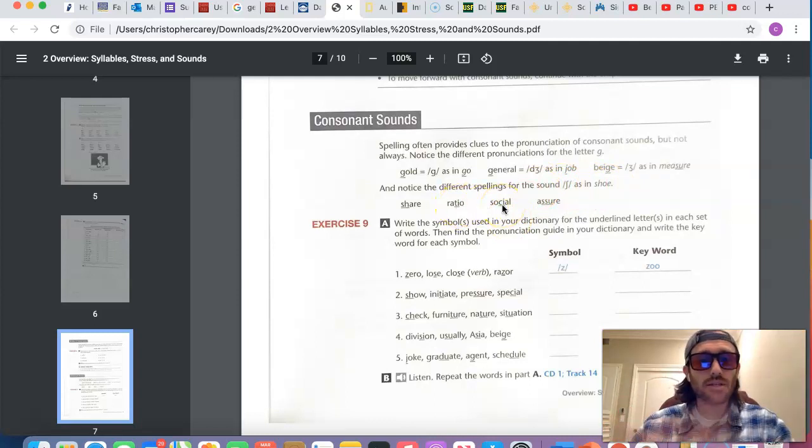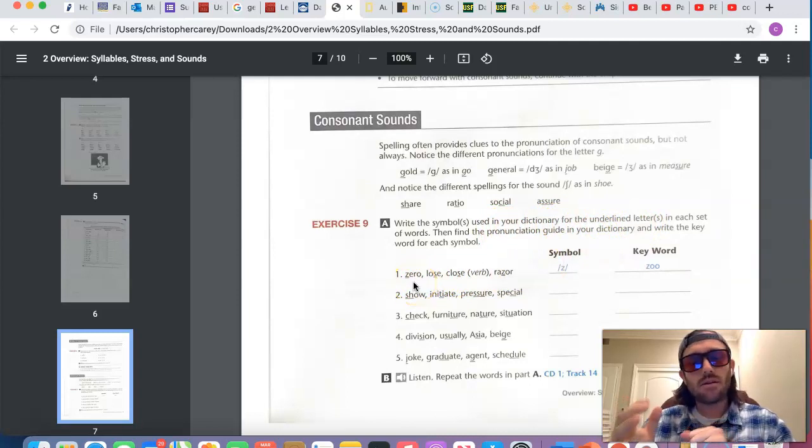So, to practice, exercise 9 asks you to write the symbols used in your dictionary for the underlined letters in each set of words.